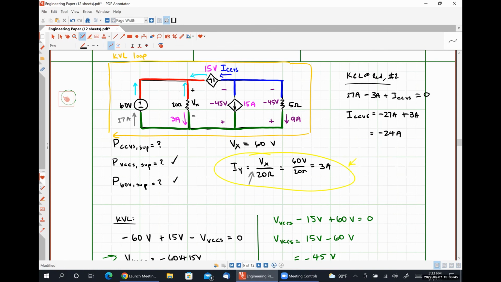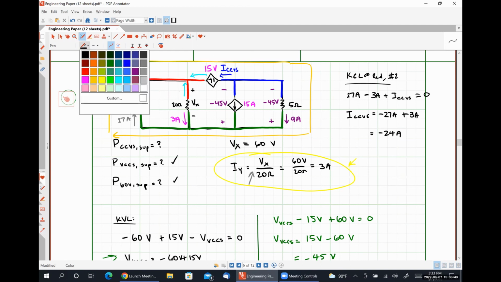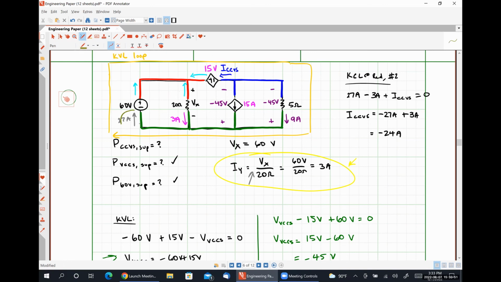So the 27 amps is in the same direction, right? This guy right here is in the same direction as this guy, so it got a positive sign. This guy right here is in the opposite direction as this guy, so it got a negative sign. This guy right here is in the same direction as this guy, so it got a positive sign. And that's how I wrote my KCL equation.